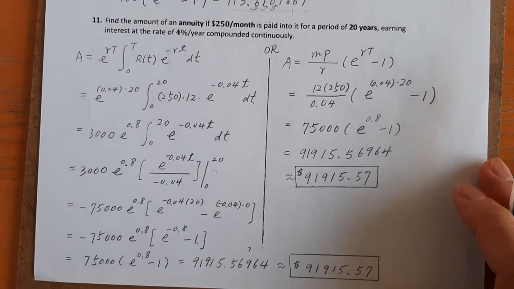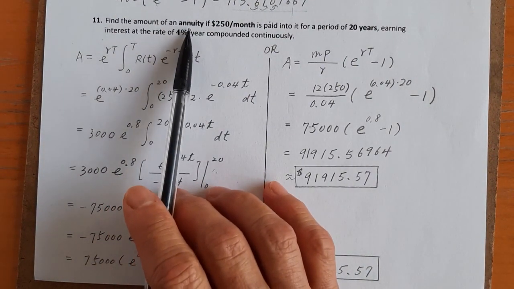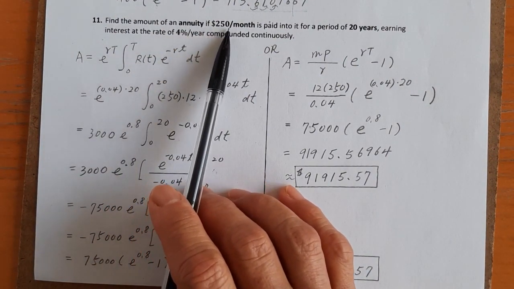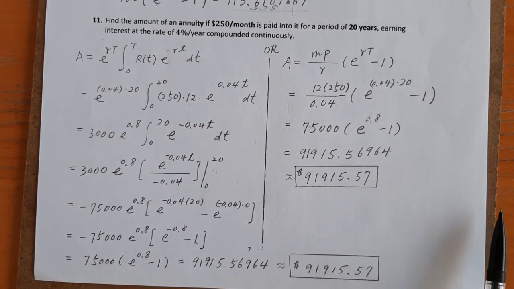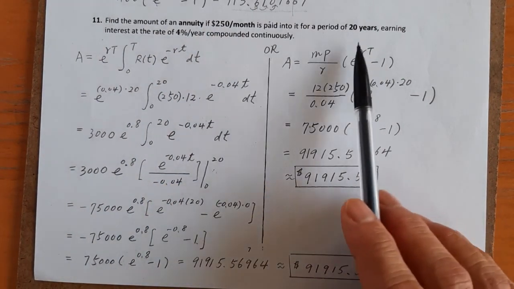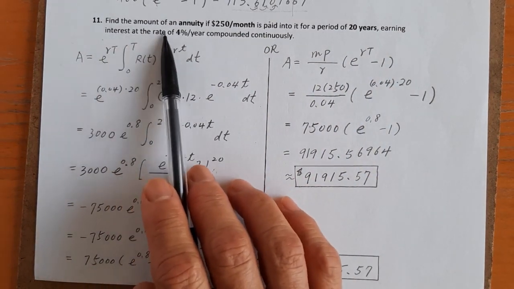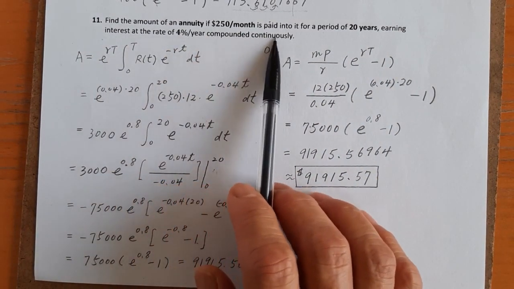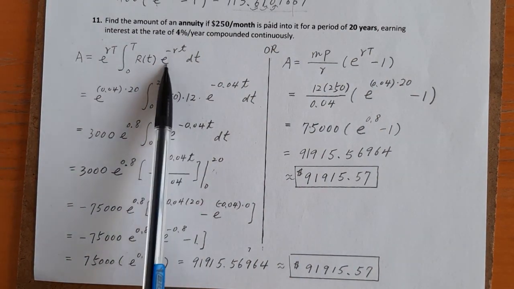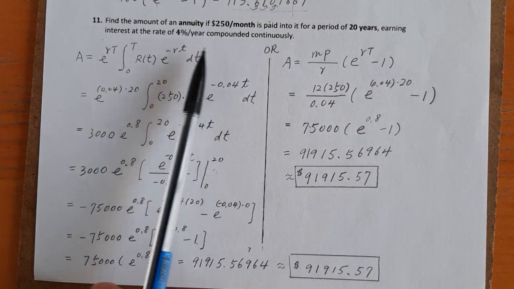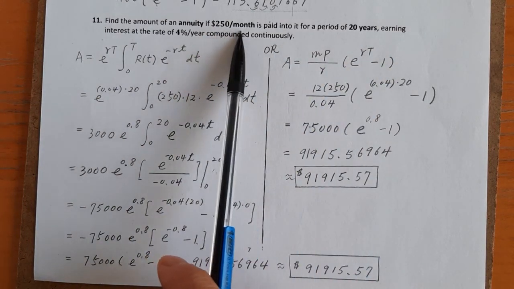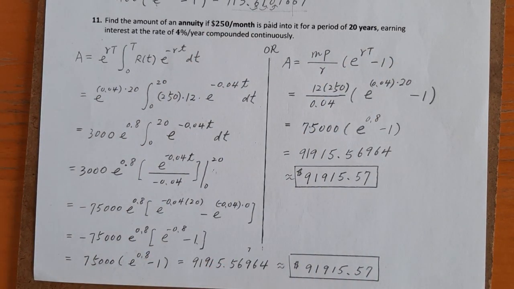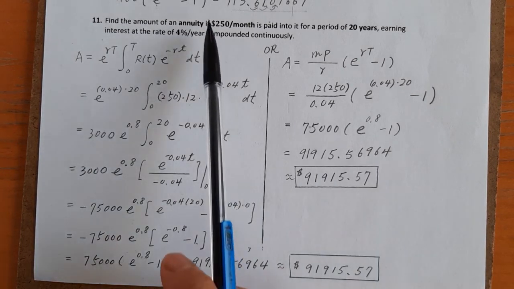Number 11: find the amount of an annuity if $250 per month is paid into it for a period of 20 years, earning interest at the rate of 4% per year, compounded continuously. For this question, you can use this formula or this formula because it is a fixed, constant deposit per month, $250 paid in.